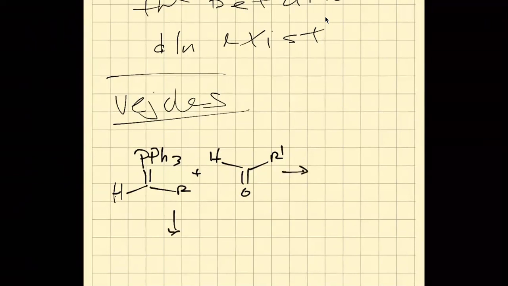So one pathway is here. And again, he's proposing a chair-type transition state.